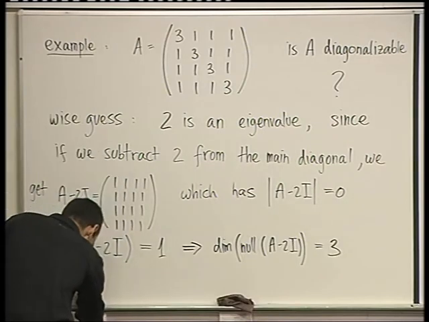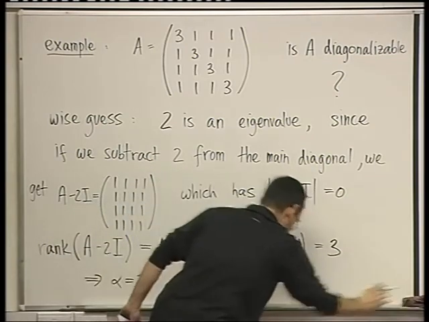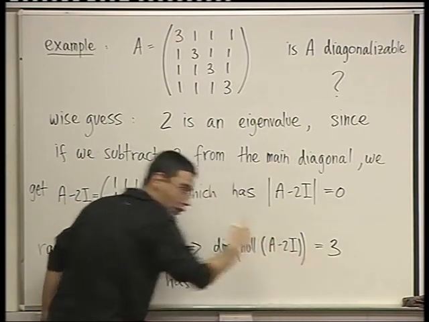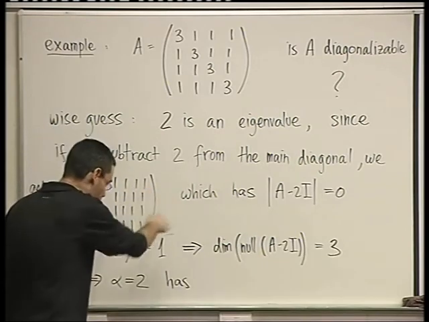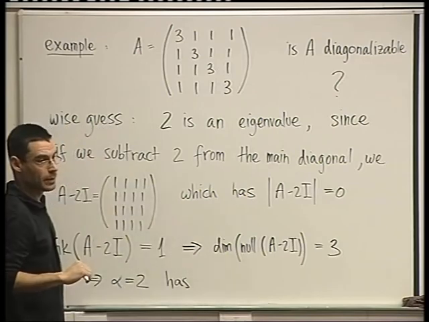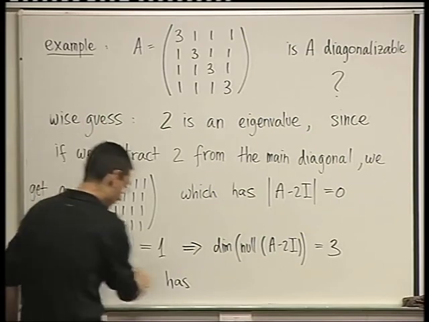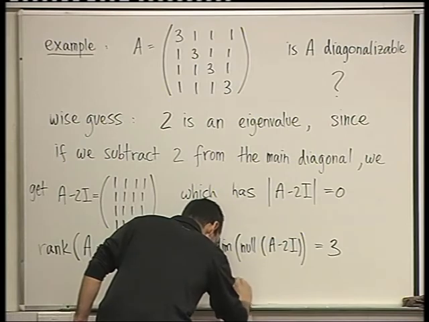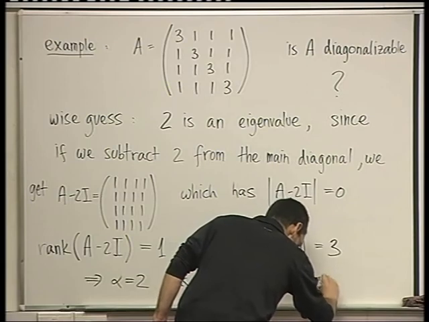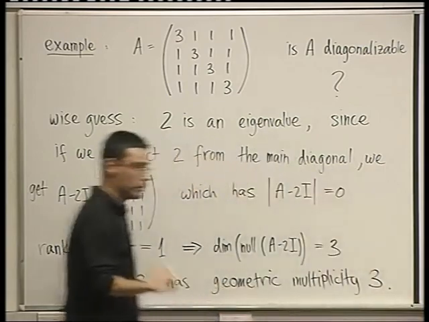So this means that alpha equals 2 has 3 linearly independent eigenvectors corresponding to it. We're going to have 3 degrees of freedom. We can construct 3 linearly independent eigenvectors corresponding to 2. So alpha equals 2 has geometric multiplicity three. Do you agree? Okay.